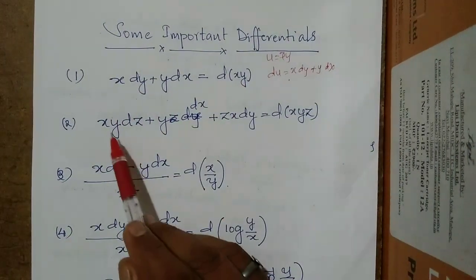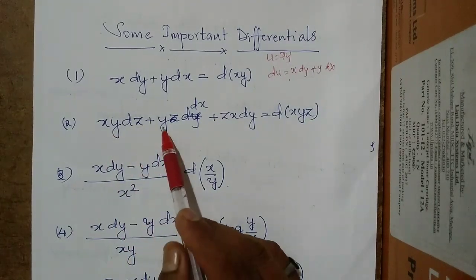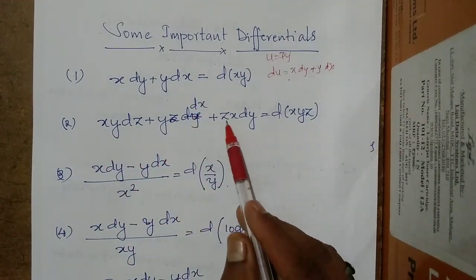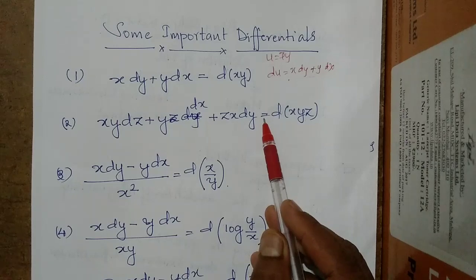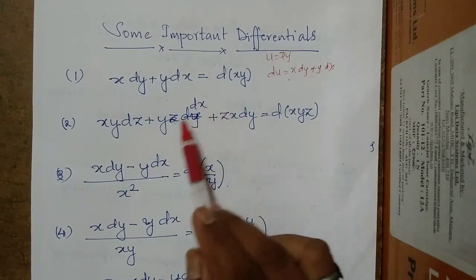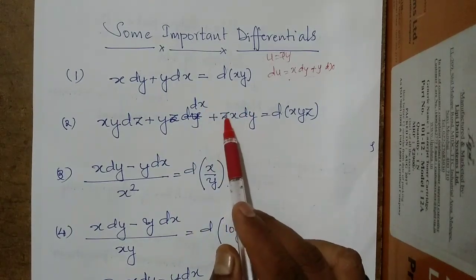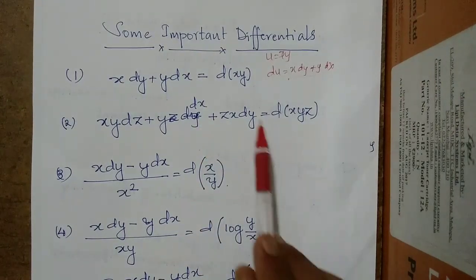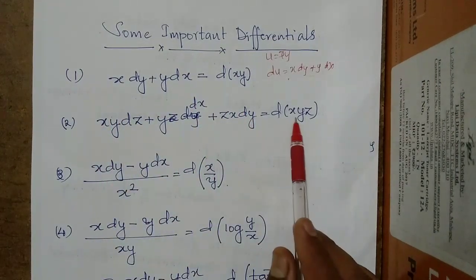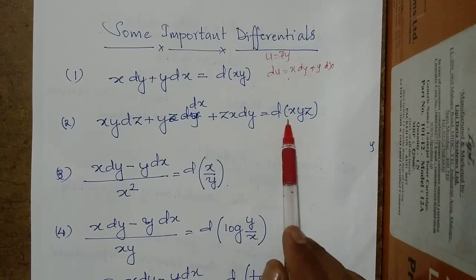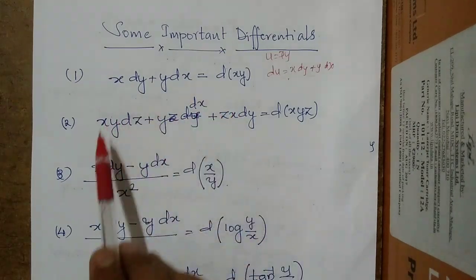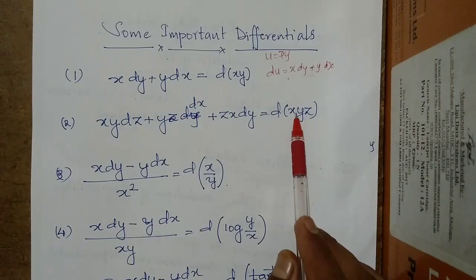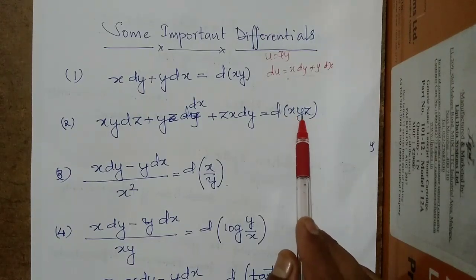Similarly, suppose xy dz, yz dx, zx dy terms came in the differential equation or we arranged it in such fashion, then directly I can write these three terms as the differential of the function x into y into z.